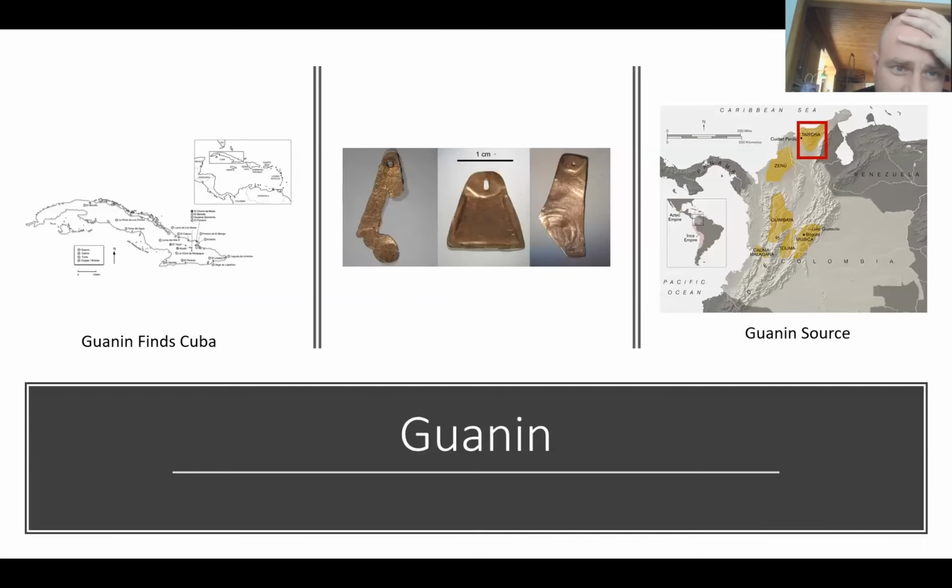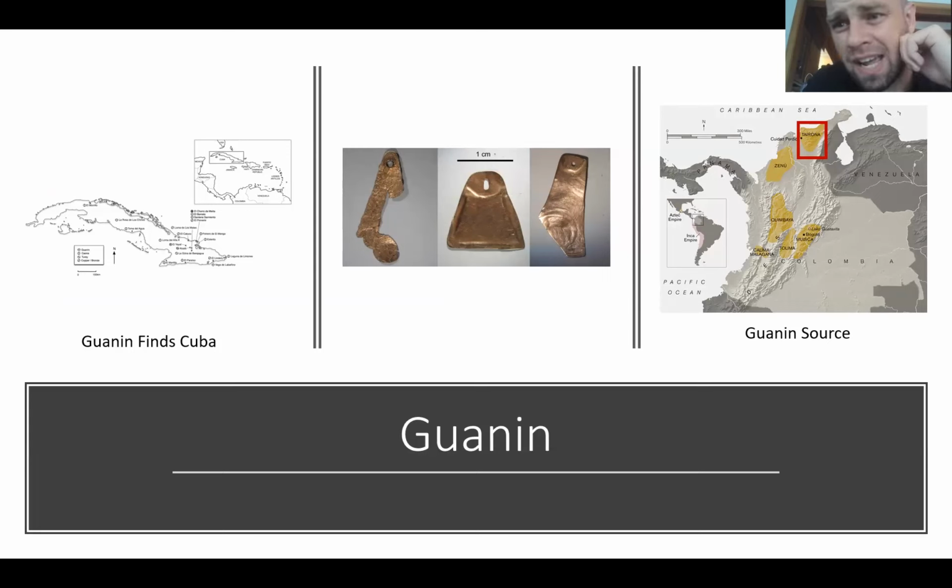Another fascinating item that was very important to Caribbean people that's kind of similar is a metal alloy called guanín. Guanín is a mix of gold and copper, and there's no evidence that either gold or copper were mined in the Caribbean or were produced really. Rather, these were things that were made in Colombia.